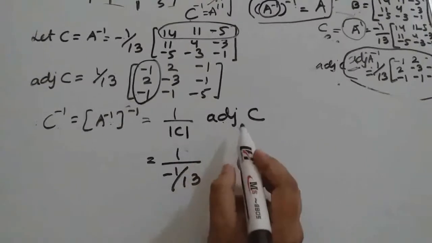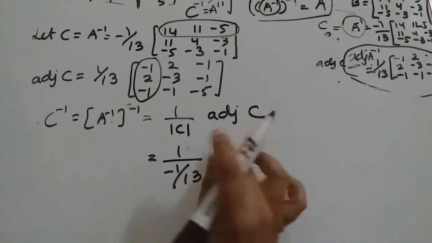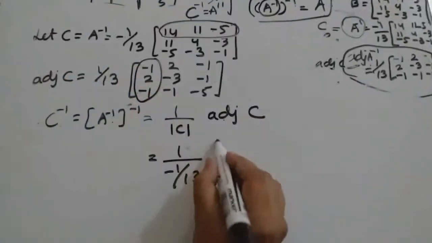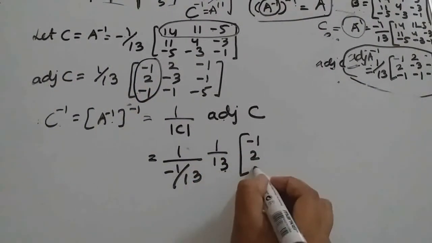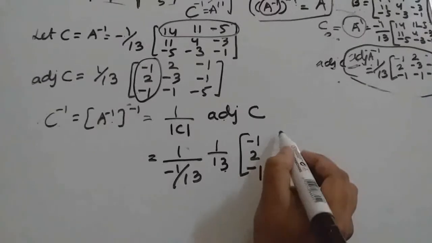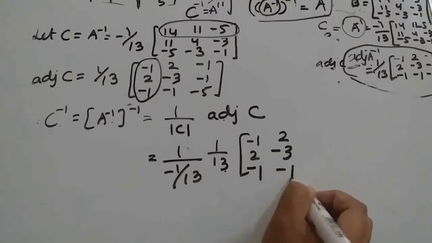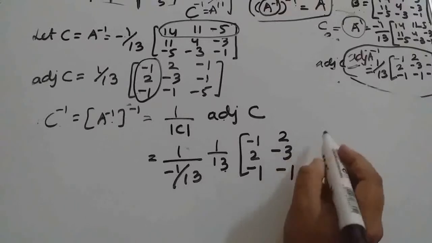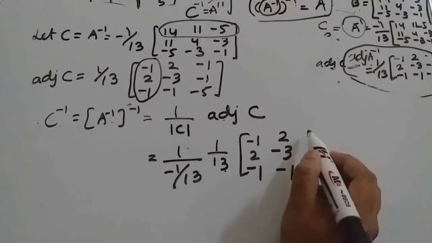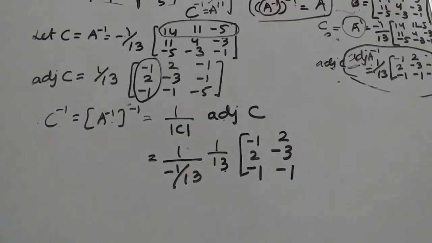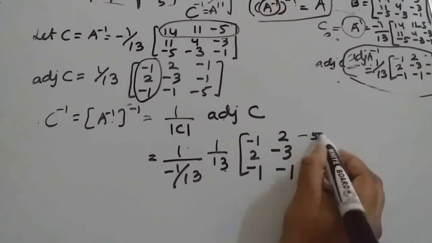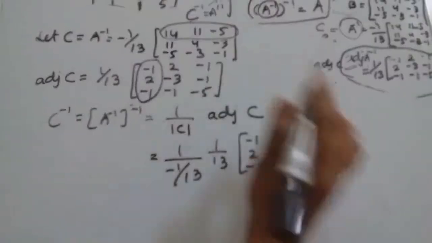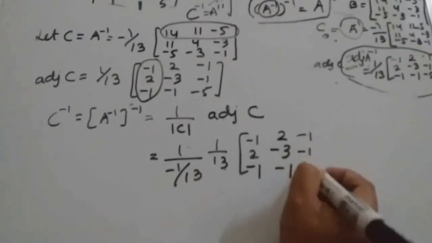And adjoint C is this matrix 1 by 13 times minus 1, 2, minus 1, 2, minus 3, minus 1, minus 1, minus 1, minus 5.